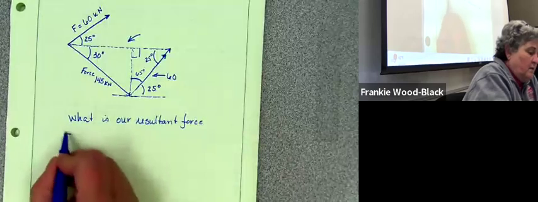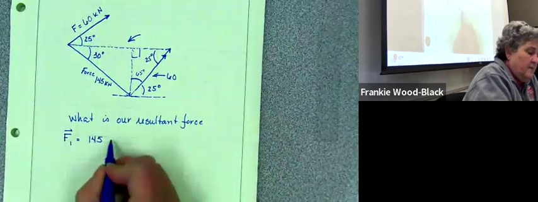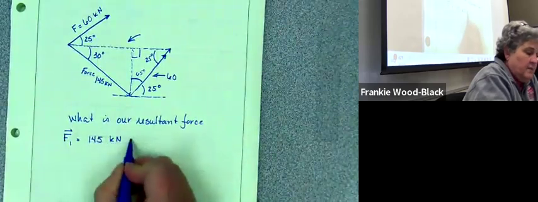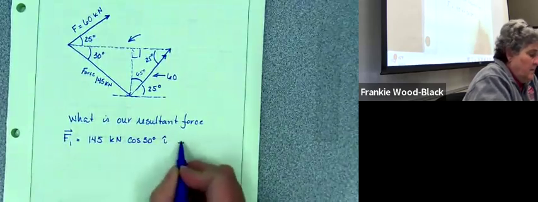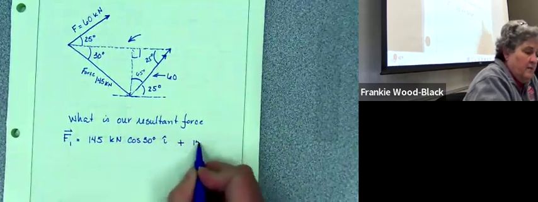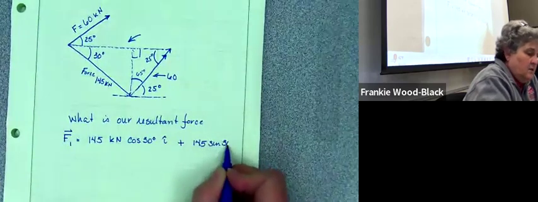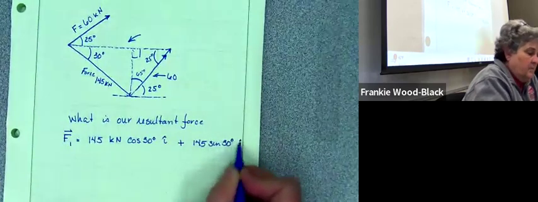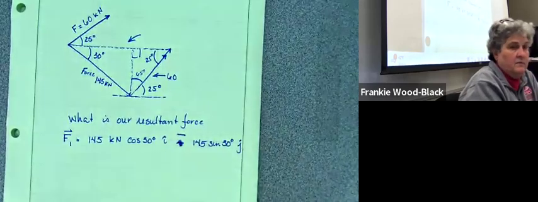So my force one is going to be 145 kilonewtons cosine 30 degrees plus 145 sine 30 degrees, except that's not a plus, that's a minus because I'm going downward.